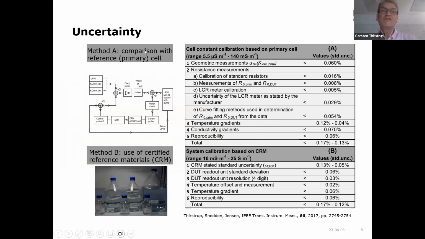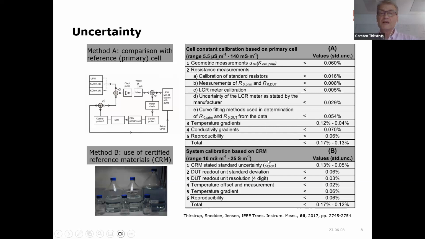In the case of method A, the closed flow loop setup, the main contributions to the uncertainty are geometric measurements of the primary cell, resistance measurements by the LCR meter, and then temperature gradient. And that gives us a total standard uncertainty of less than 0.17% relative in the range from ultra pure water level, 5.5 microsiemens per meter, up to 140 millisiemens per meter.